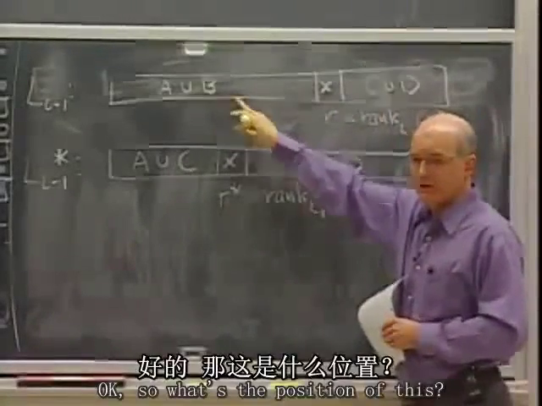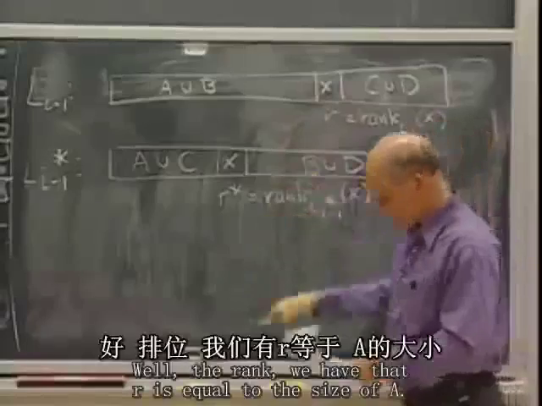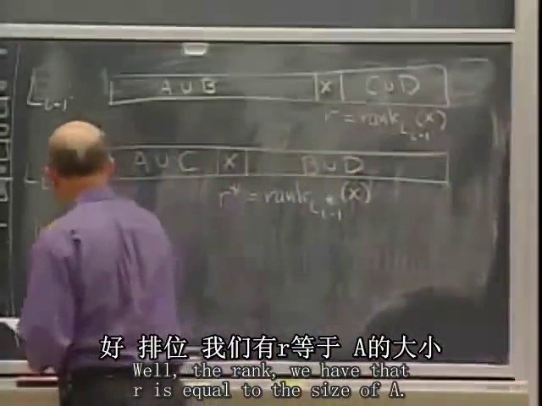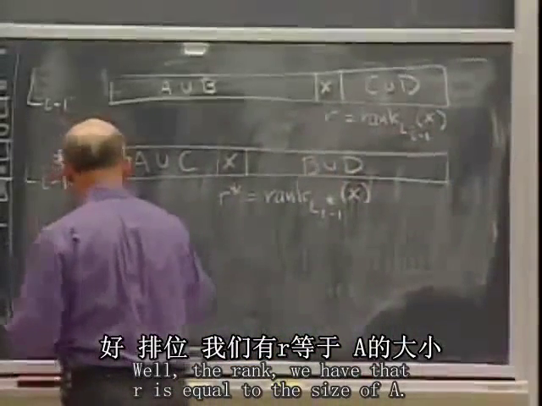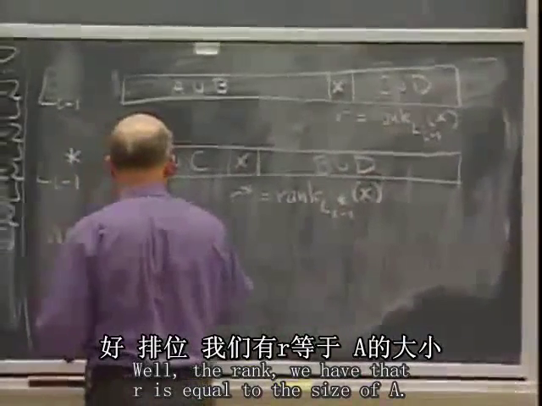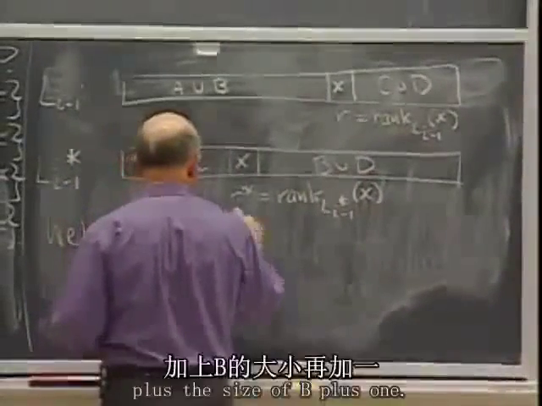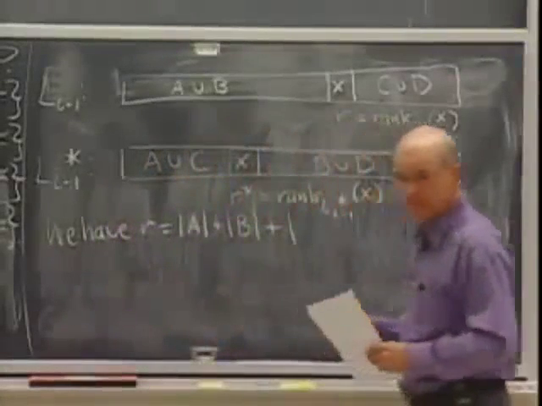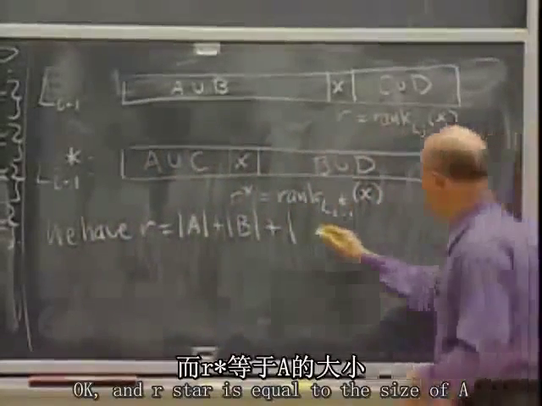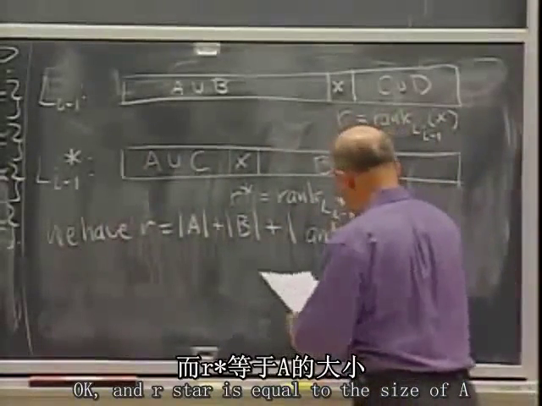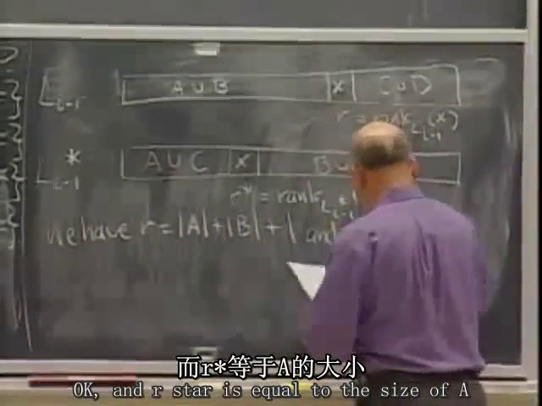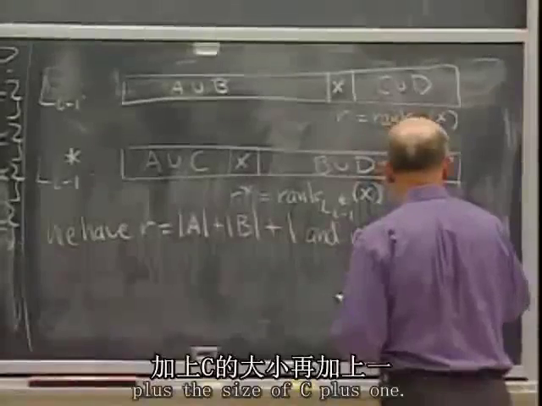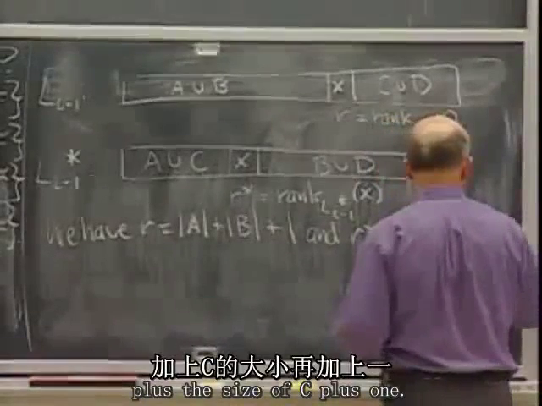So what's the position of this? Well, R is equal to the size of A plus the size of B plus 1, and R star is equal to the size of A plus the size of C plus 1.